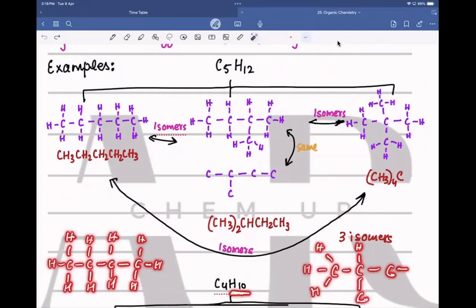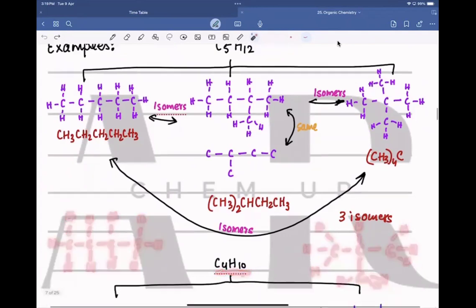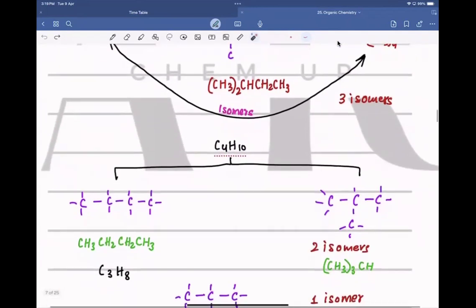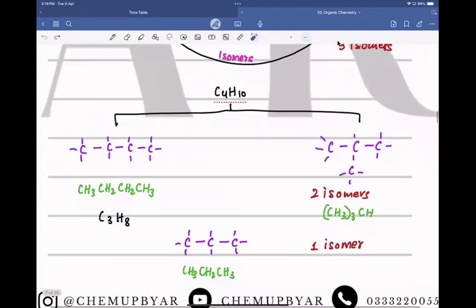This carbon also bonds with 3 more hydrogens, and so does this carbon. This is the other isomer of C4H10. So C4H10 has only these 2 isomers. Is this clear to all of you? Yes, sir.